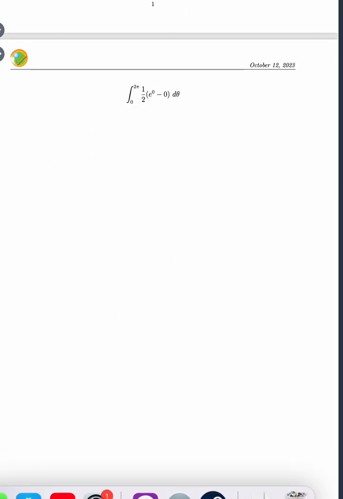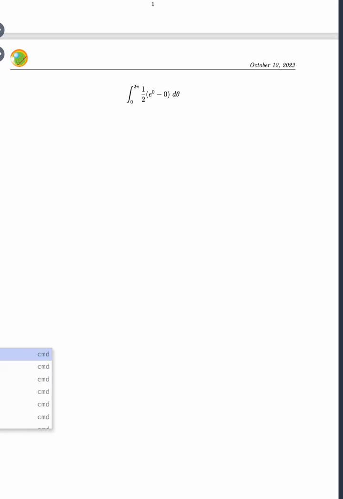Which is equal to the integral from 0 to 2 pi of 1/2 d theta. Now this one simply evaluates to 1/2 times 2 pi minus 0. This is equal to pi.